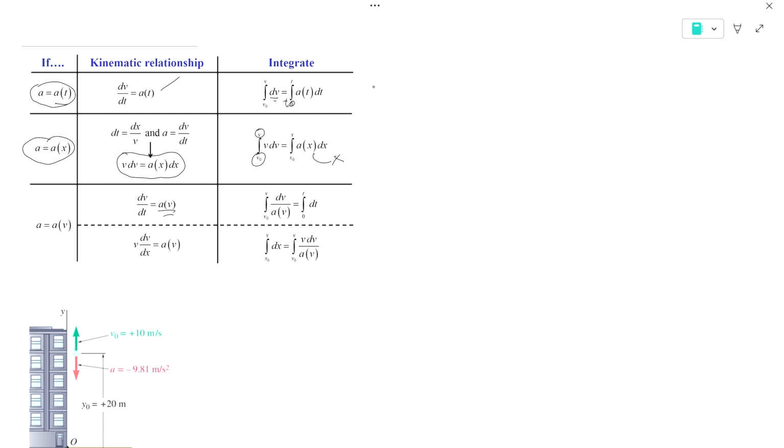So I hope this is not too confusing. Just the point here is that acceleration can be a function of time, but also can be a function of space. And that is because if you think about it, we're starting to think in terms of a vector acceleration that can have components both in time and in space.